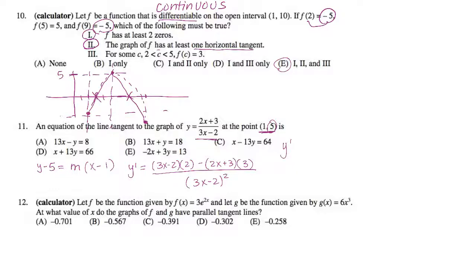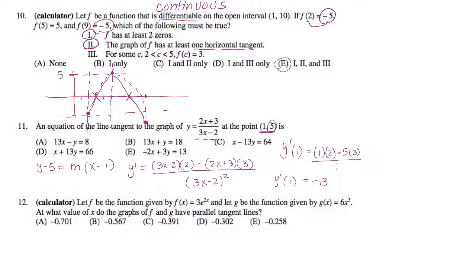So y prime at, what were we doing at 1? So from our first parentheses, we're going to get a 1 times a 2 minus, plugging in 1 here, I'm going to get 5 times 3. And all of this is over 1 squared, or 1. So y prime at 1 looks like it's going to be negative 13. So let's go back over to our formula and substitute in negative 13.